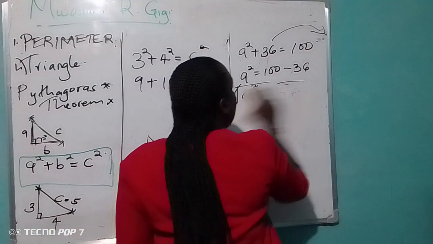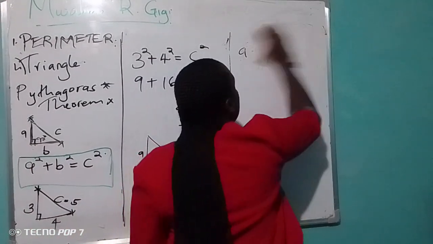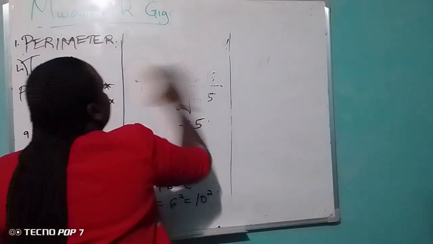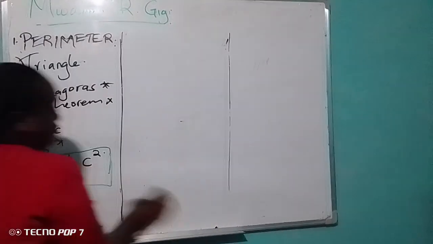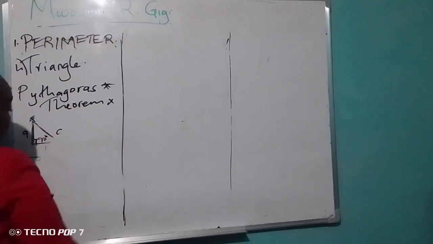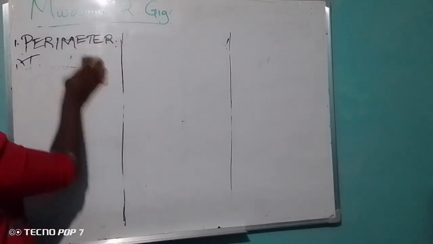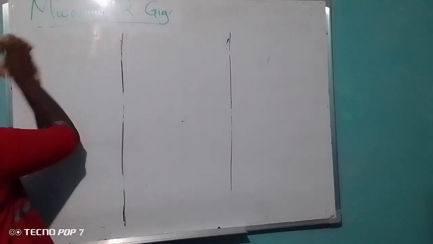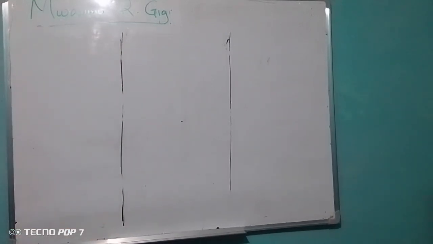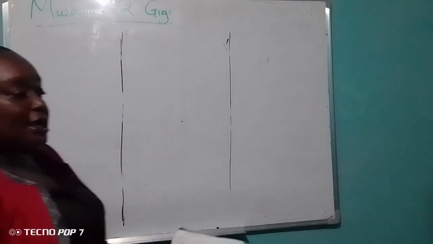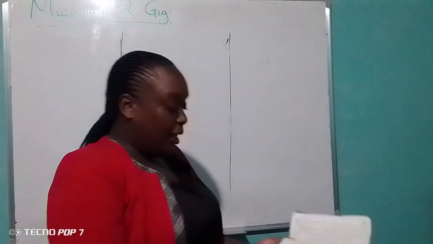Finding the area. Number one, to find perimeter of all the shapes.